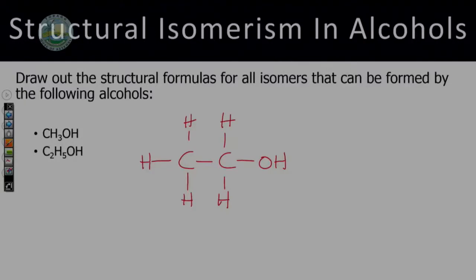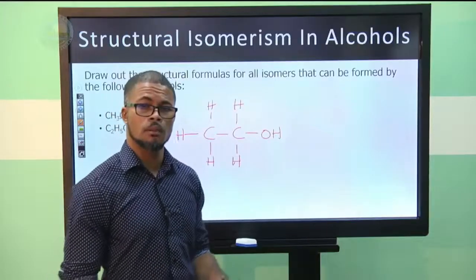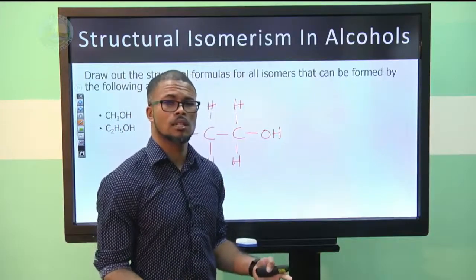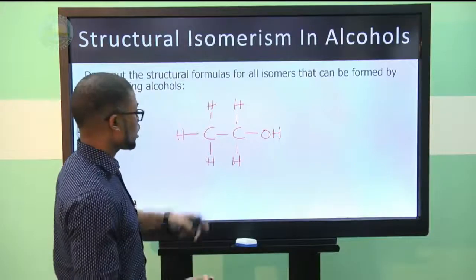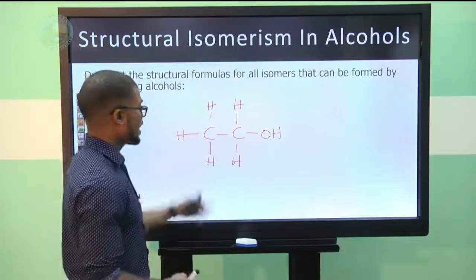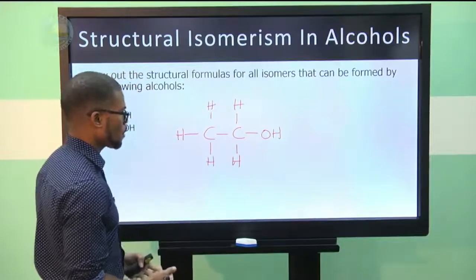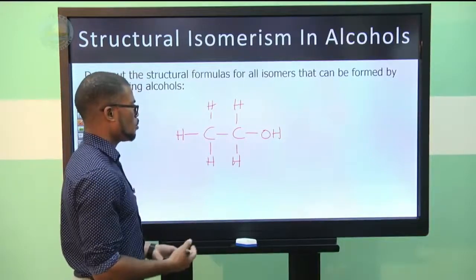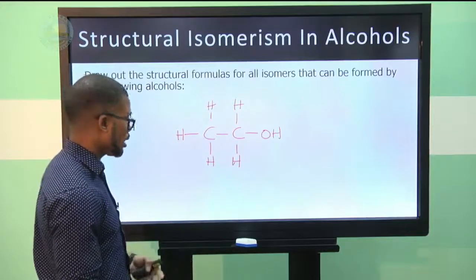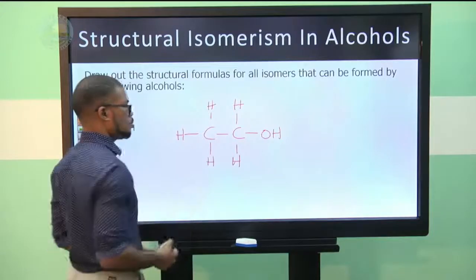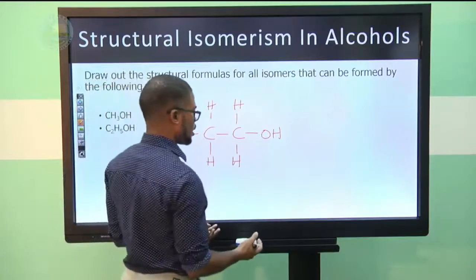If we recap, an isomer is basically a compound that has the same molecular formula but a different structure. So we are asking if this alcohol that contains 2 carbons can form an isomer. Can we change it up? The answer to that is no. The reason, and we're going to get to that more when we get into naming it as well. If I switch the OH and put it on the next carbon, would that make it different?